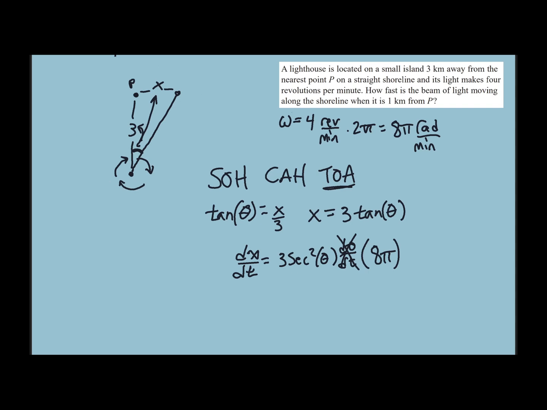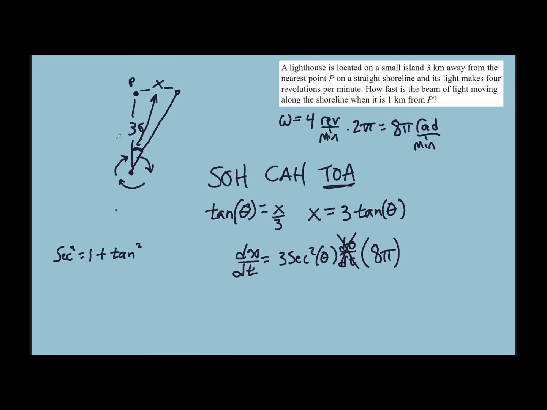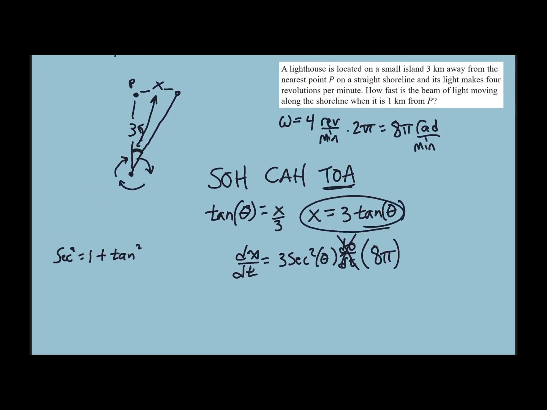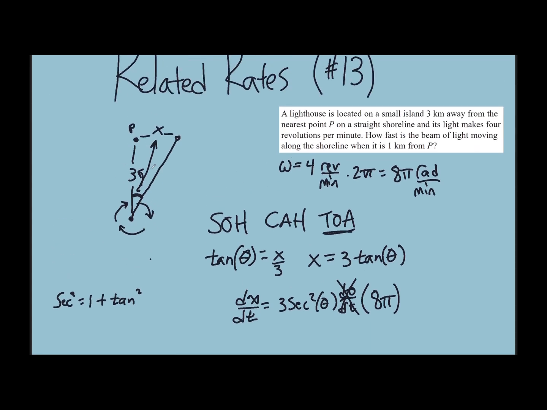So maybe we can convert it, because we know that secant squared is equal to 1 plus tangent squared. I think that's the identity. I can never remember off the top of my head. But that means we can convert this. And we know tangent, because it's right here. We know that x value. What do they want?